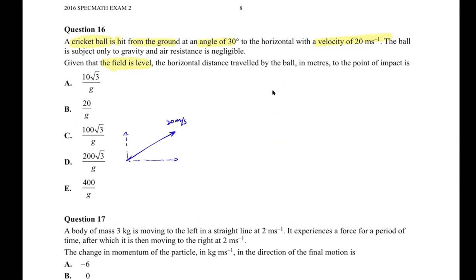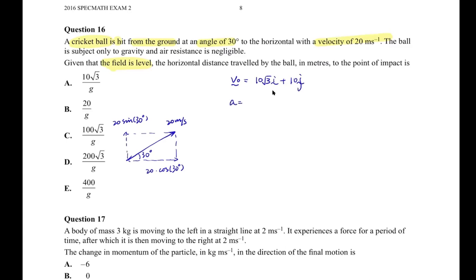So 30 degrees here. So it's 20 times cosine 30 degrees. This one will be 20 times sine 30 degrees, okay? By some simple geometry, trigonometry. And so V0 will be 10 root 3 i plus 10 j, okay?